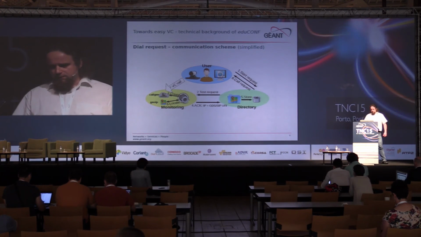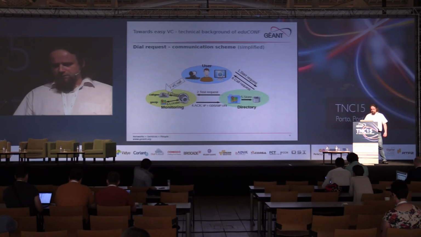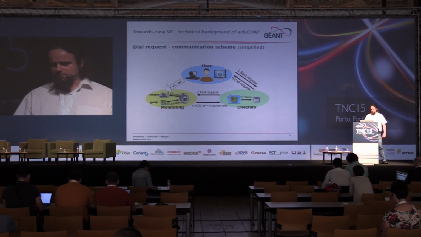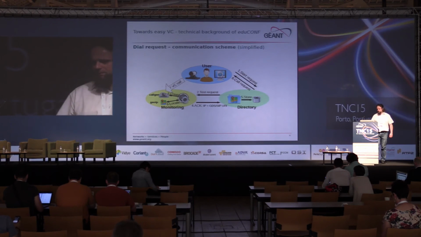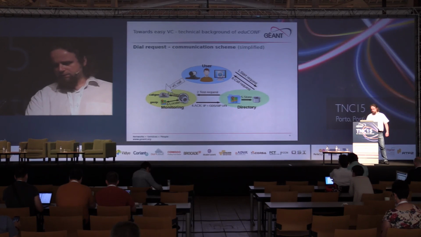After that, all required information to perform this test is sent to the browser, going through the directory and then to the user's browser. And the user is asked to make a call. Then, based on the IP address of the user, geo IP location is being performed. I will explain that in a second.